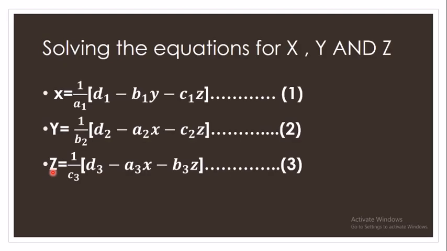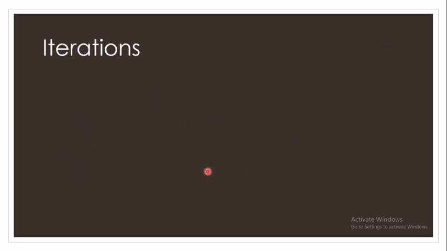In equation 1 I will be substituting the values of y and z so that I can find x. Since y and z are 0, x is equal to d1 by a1. In the case of y, I substitute the values of x and z, which are 0, so it will be d2 by b2. Then z will be d3 by c3. That is how we solve for x, y and z.